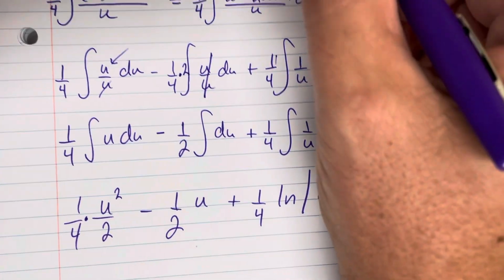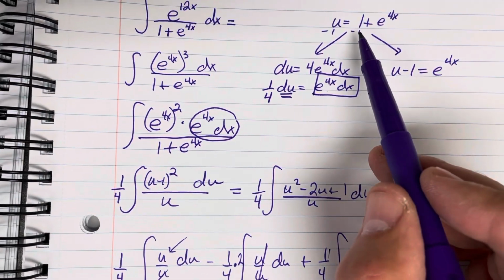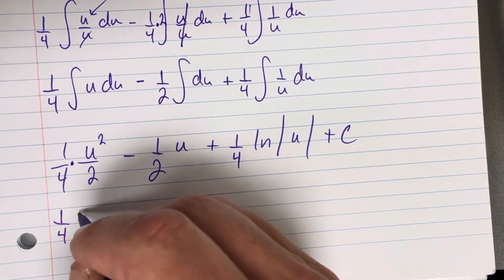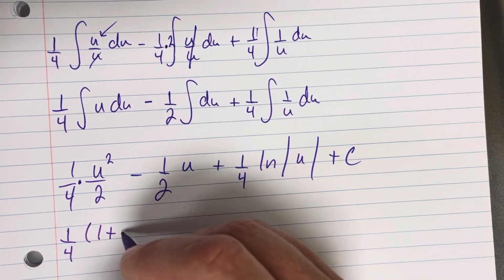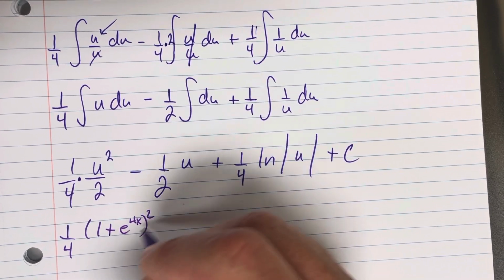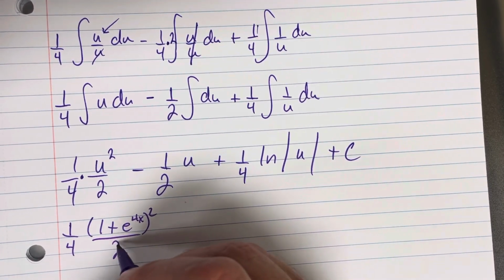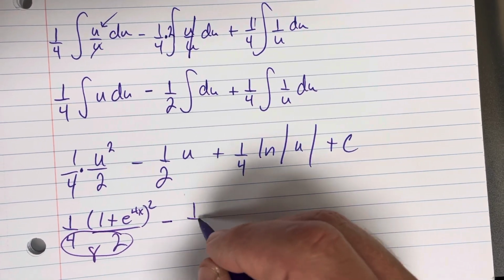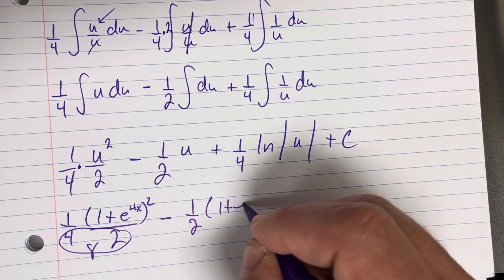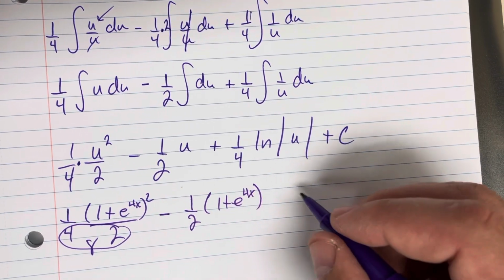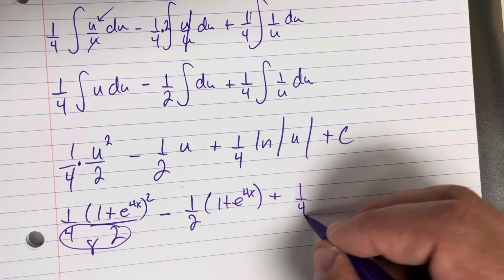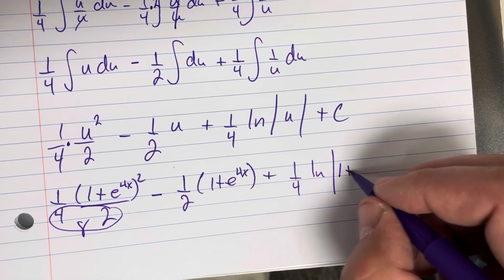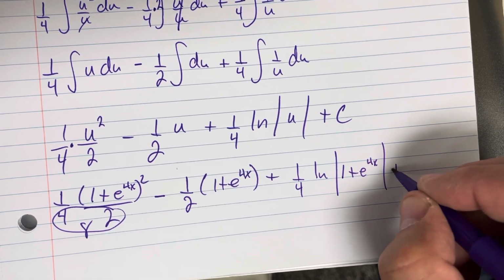Now we will go back up and we will grab what our u was. And so I have 1/4 times 1 plus e to the 4x squared over 2. This will become an 8. I have 1/2 times 1 plus e to the 4x plus 1/4 the natural log of the absolute value of 1 plus e to the 4x plus c.